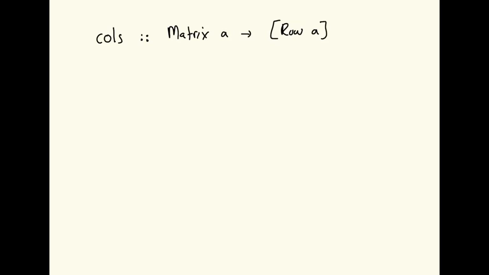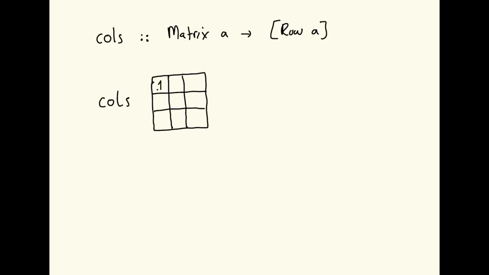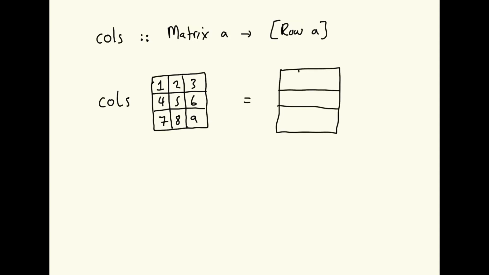Let me explain with a simple picture, on a simple 3 by 3 matrix. I'll draw it as a picture here, but this is really a list of lists, as we know. Suppose we had the matrix 1, 2, 3, 4, 5, 6, 7, 8, 9, and we want to think what resulting 3 by 3 matrix we would get.